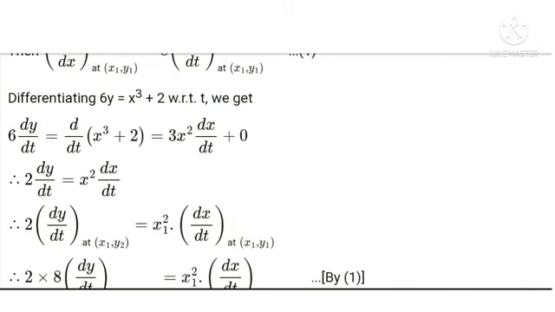You get the derivative of 6y is 6 into dy by dt, the derivative of x square is 2x, the derivative of 2 is 0. So you get 3 dy by dt is equal to x dx by dt. You find dy by dt at (x1, y1) is equal to x1 square dx by dt.